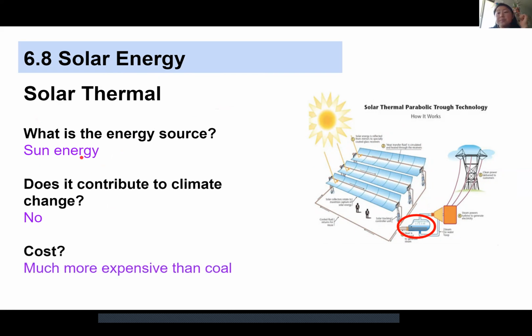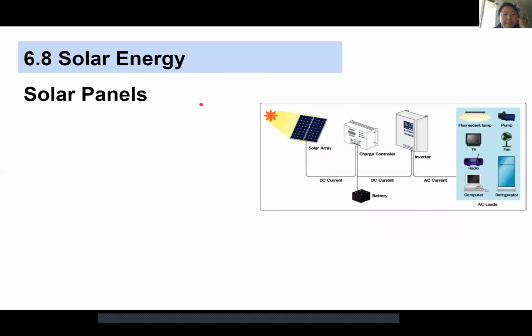The cost is that it's much more expensive than coal. So you'll find that for most of the renewable energy sources, it is a higher cost up front than it is for coal, oil, and natural gas. And so oftentimes that gets used as a reason as to why we're not switching to it.